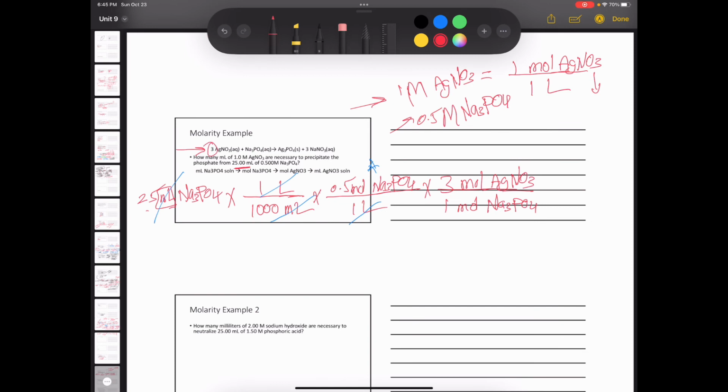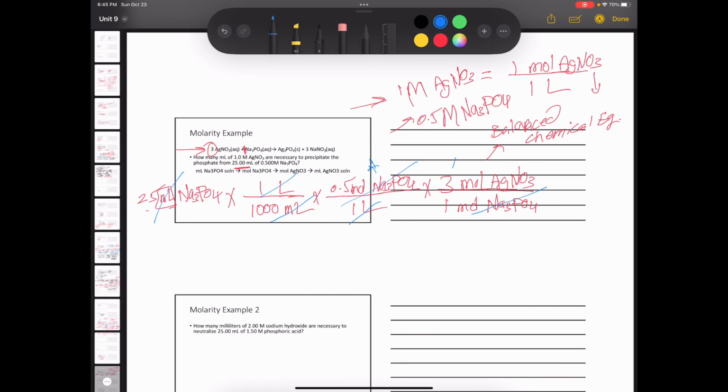I have 3 and I have 1. So this one is coming from the balanced chemical equation. Now the mole of Na3PO4 is going to cancel out with the sodium phosphate.